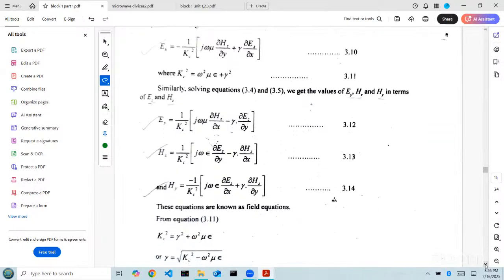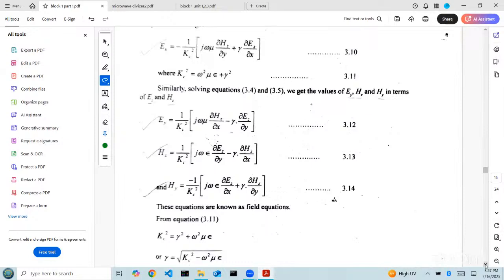Just check at the back how the question is asked. You have to practice this derivation from the first unit. Look at the third question: derive field equations in rectangular waveguide. The rectangular waveguide field equation derivation is up to here.